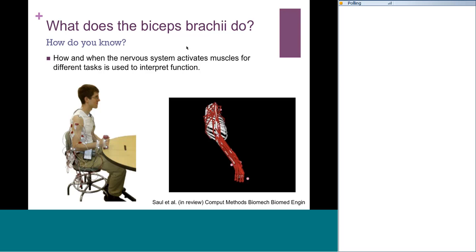But it illustrates a very common approach in experimental science: to instrument the limb, measure joint motions, measure muscle activity, and use this type of data to interpret what the muscles are doing based on when the nervous system is activating them and how highly they're being activated.